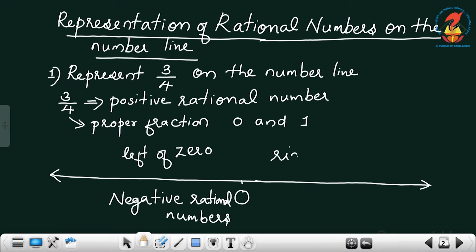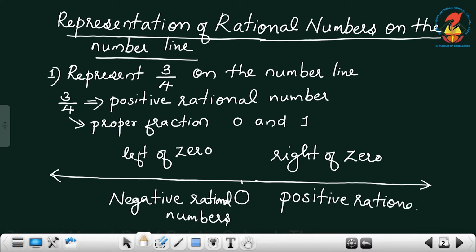Then right of 0. Right of 0, what type of rational numbers do we have? Yes, positive rational numbers. So all points lying to the right of 0 can be represented by positive rational numbers, and the negative rational numbers are represented by all points lying to the left of 0.